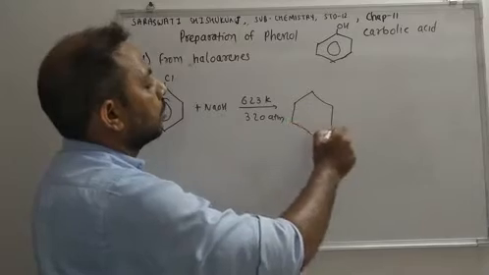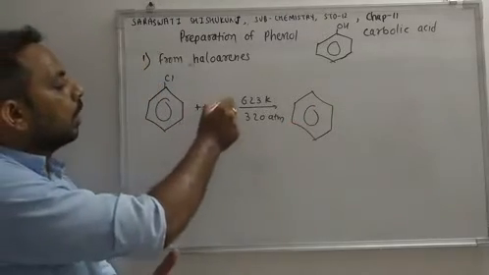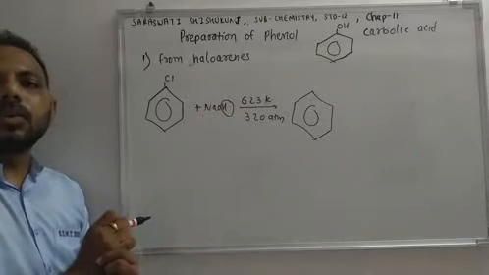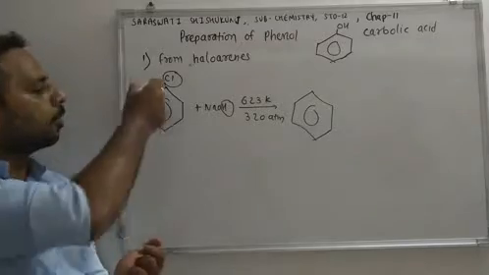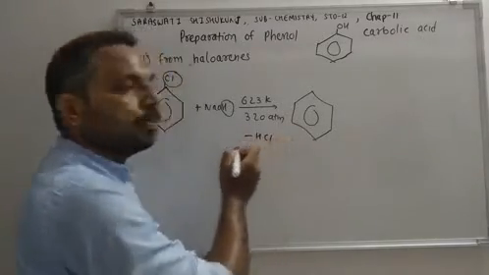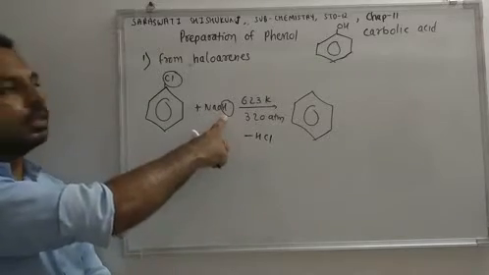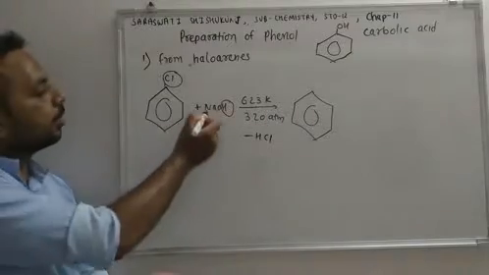sodium phenoxide. So how is sodium phenoxide going to form? H plus from NaOH and Cl minus from chlorobenzene will form HCl. So HCl is removed. H plus from here and Cl minus from here, it will form HCl. Now what is left?